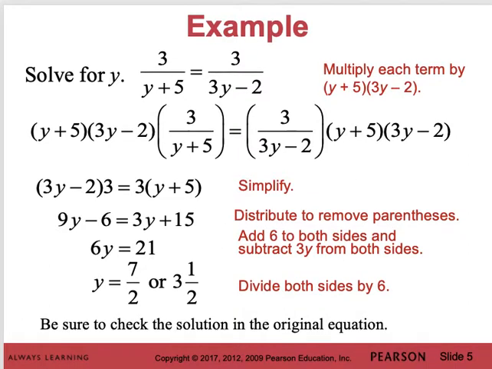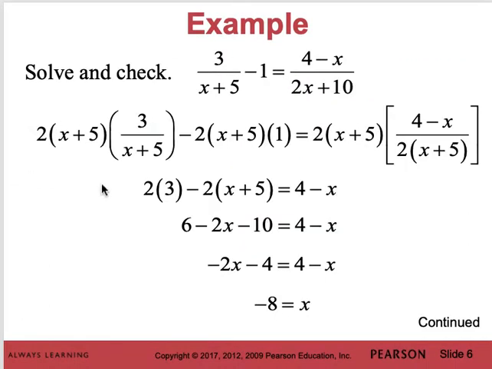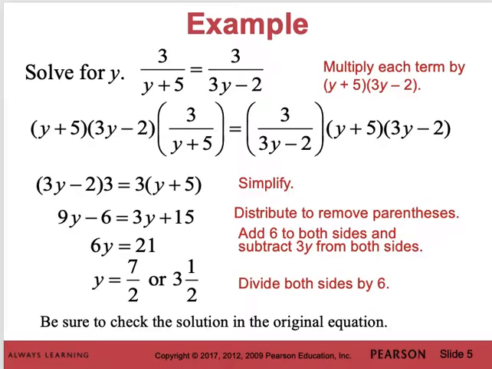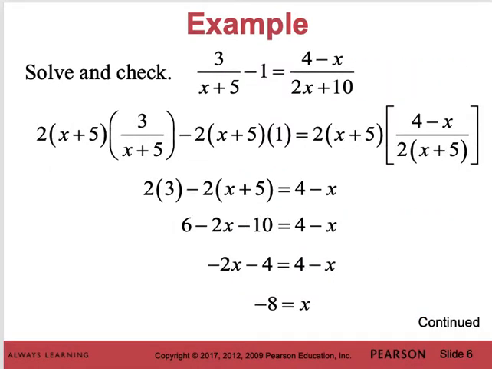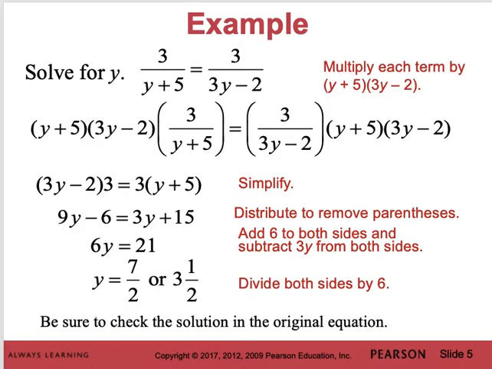So then we can check our solution to see, does 3.5, or 7 over 2, actually work with the original problem we had here, 3 over y plus 5 and 3 over 3y minus 2? It didn't, sorry, that next slide didn't show the checking.